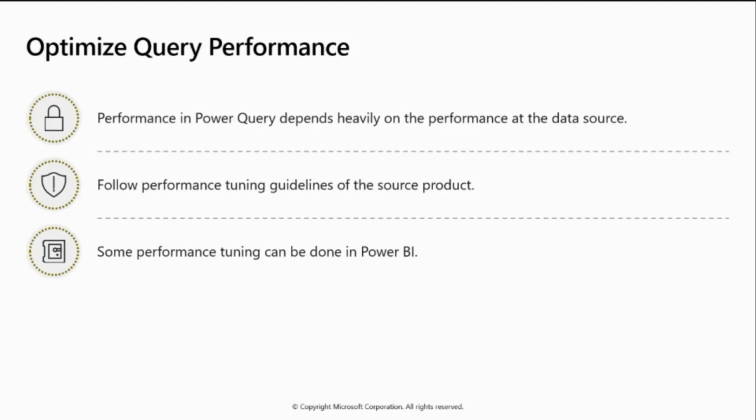Now, performance in Power Query depends on the performance at the data source level, and Power Query offers a wide variety of data sources. The performance tuning techniques for each one may be different.